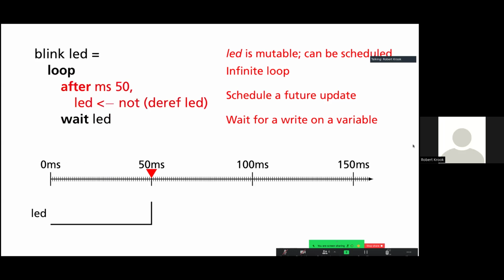Even though it takes time for the wait to wake up and for it to go around the loop and the after to execute, because it's synchronous, everything sees the same time. So when it schedules the next update, it sees that it scheduled it for exactly 100 milliseconds. And again, this is regardless of how fast the processor is actually going.